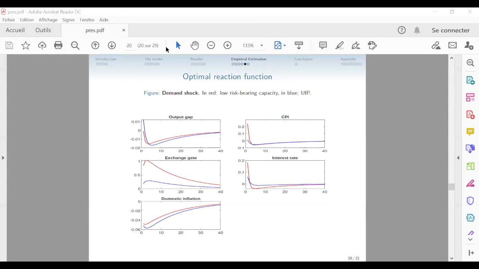But anyway, there is work to do on this, and I have some ideas for a paper to look precisely, empirically, at what happens with these capital flows. I was thinking of using order flow to see whether it really affects the South African economy or not. My intuition is that it should have an effect, but I can't tell you exactly what's happening. I need to check. So I hope you're okay with the answers, and thank you for the questions.